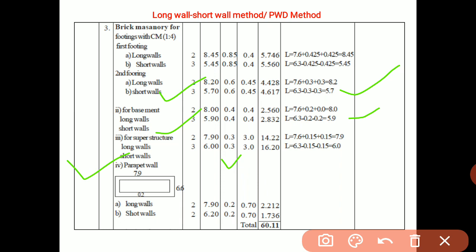There we don't have any beams or columns, so that's why in load bearing structure the width of walls is more as compared to RCC. In case of RCC structure, we have 0.23 meter or 230 mm wall width, and for load bearing structure we have 0.3 meter width of wall. Clear?